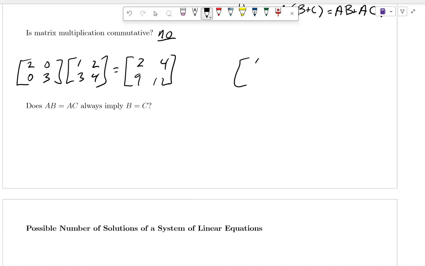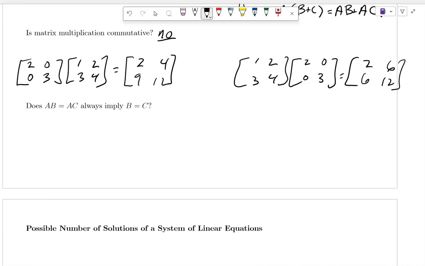If you do it the other way around, what do you get? 2, 6, 6. Good. Notice that your diagonal stayed the same, but your off diagonal ended up changing numbers, right? So notice that you didn't get the same answer. In this case, it basically had the effect of multiplying the columns by those individual numbers. The first column got multiplied by 2, the second column got multiplied by 3.